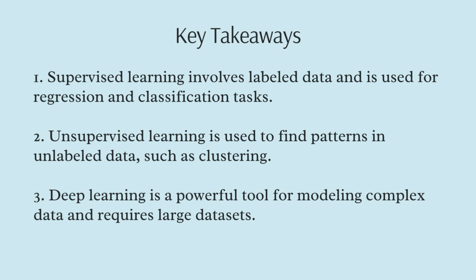Deep learning takes machine learning to the next level, allowing models to learn from large data sets through multiple layers of neural networks. Understanding these machine learning techniques is essential for building AI systems that can analyze data, make predictions, and generate insights.